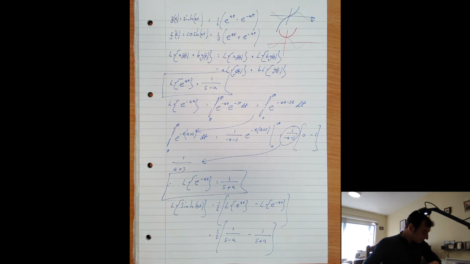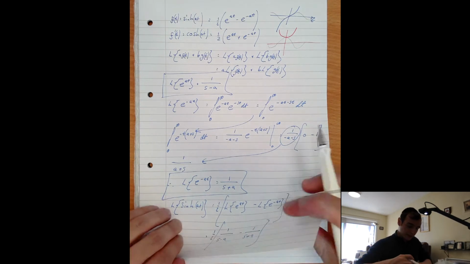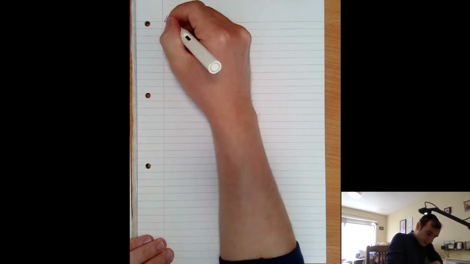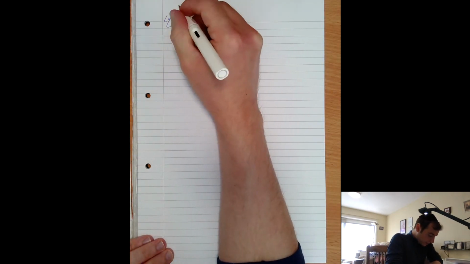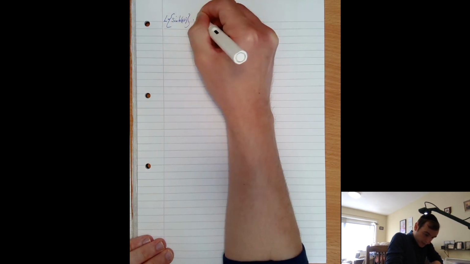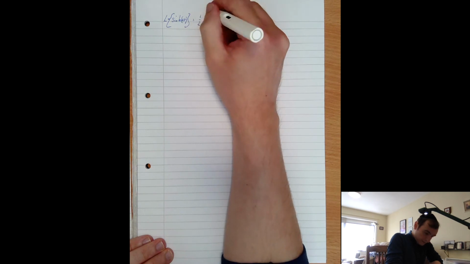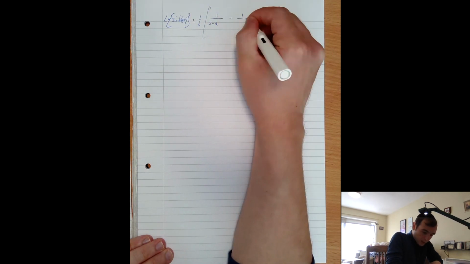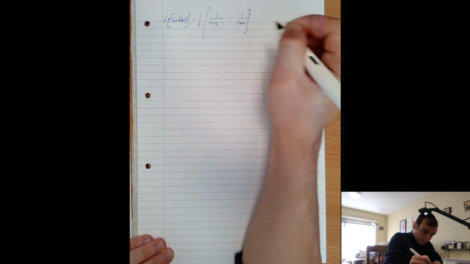And now what we do is we're just going to simplify this. So let's write that up again. So we're now saying that the Laplace transform of sinh at is going to be half of 1 over s minus a minus 1 over s plus a.